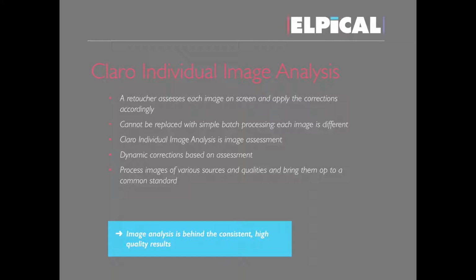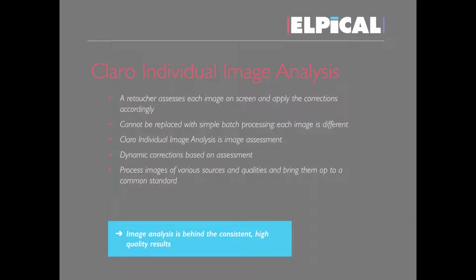This also means that, as there is an image analysis, all the corrections that are made will be dynamic based on that assessment. No matter what the source of the image is, Claro will try to standardize the quality, but also the atmosphere, the overall feeling of an image. And that is ultimately the goal.